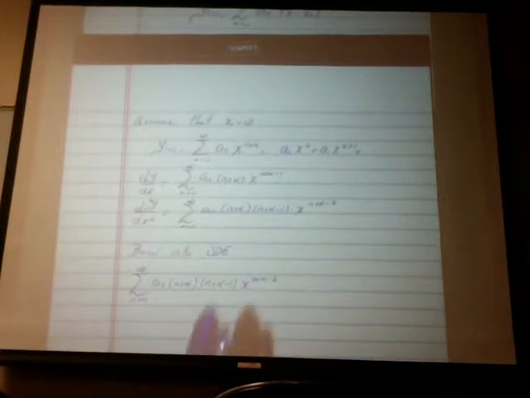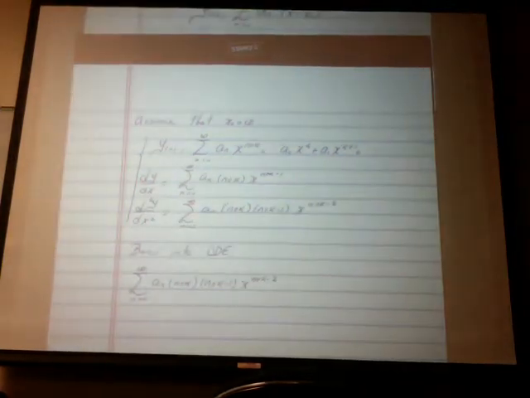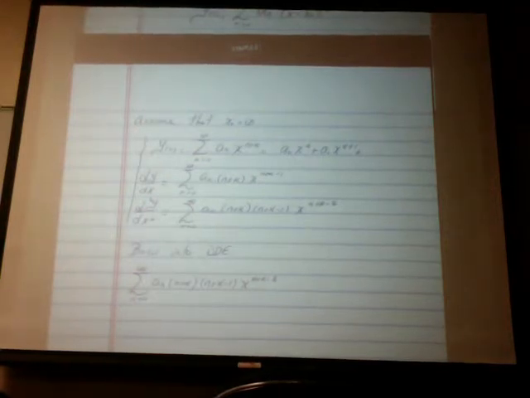And by the way, notice that when I take the derivative of y and the second derivative of y, the summation doesn't change the initial index, because I don't know what k is. k might be just a decimal number, and maybe another integer, maybe a large integer, so we don't know what it is, so we cannot just simply get rid of the first term of the summation when we differentiate.